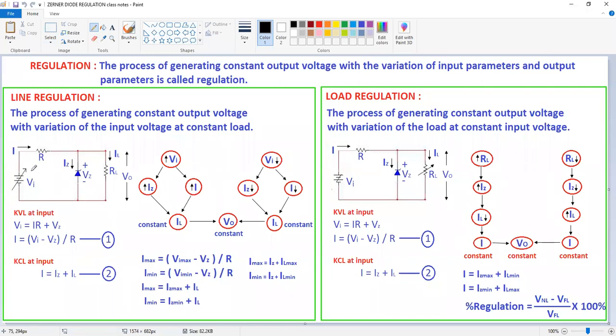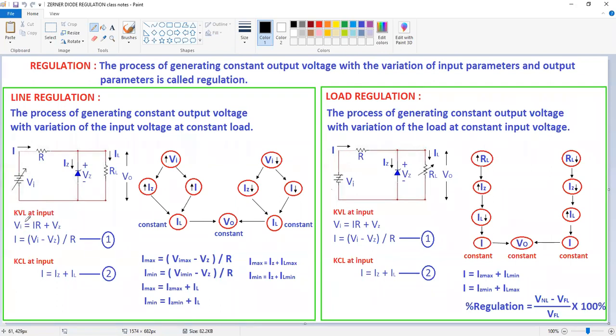First, I'm going to apply the KVL at this input loop. Here VI is a voltage rise, whereas the voltage across the resistor and the voltage across the Zener are voltage drops. According to the KVL statement, voltage rise is equal to voltage drops.